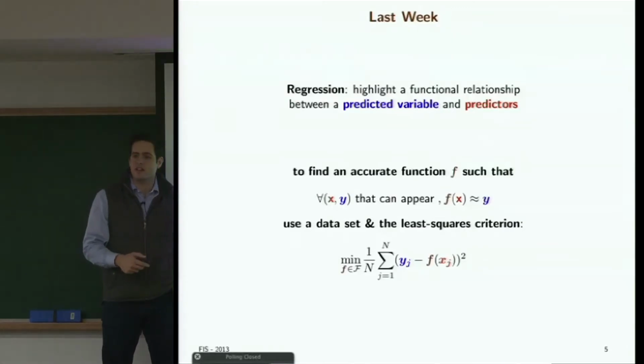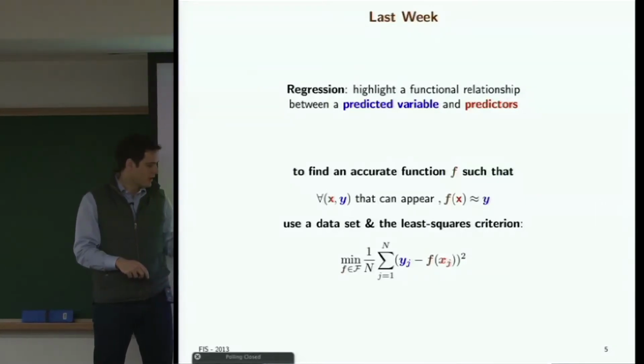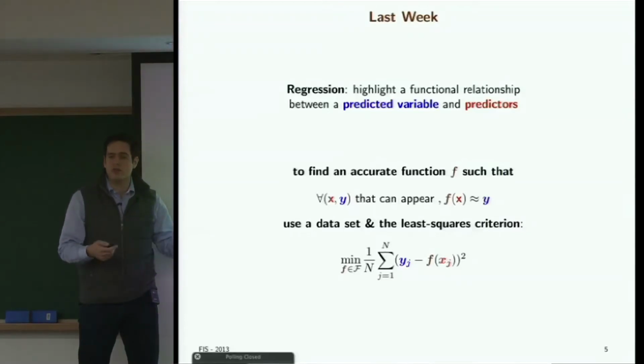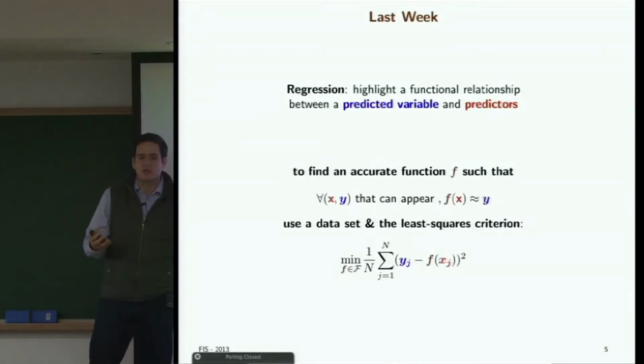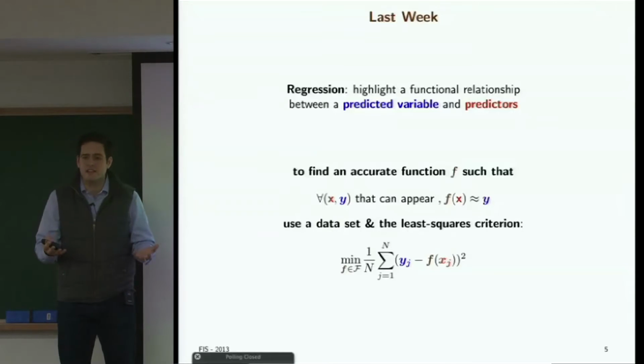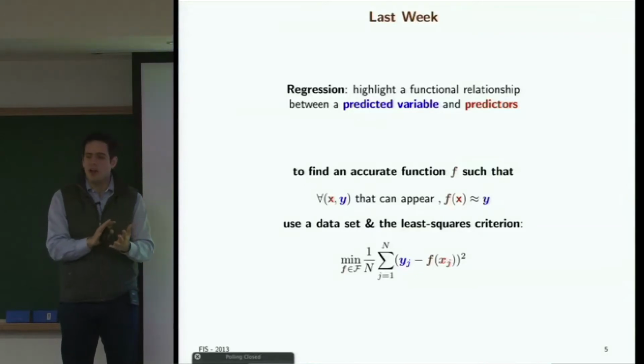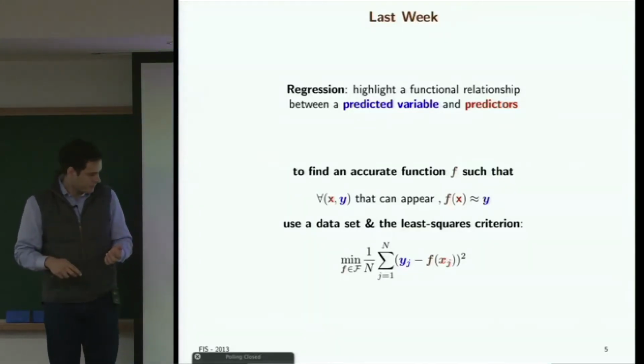And what is exactly this function? It is the difference between what actually happened, what was observed in nature, and what you predict. This difference is squared to insist on the fact that if there are big errors, then this is bad. If there's a small error, then this is not a big problem.